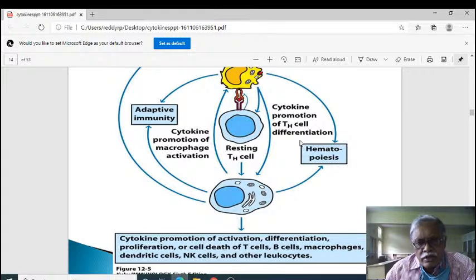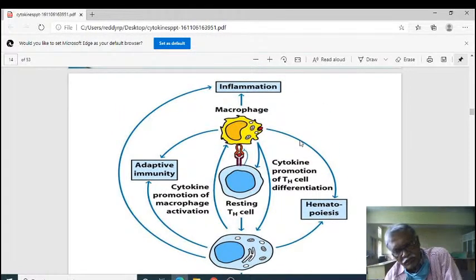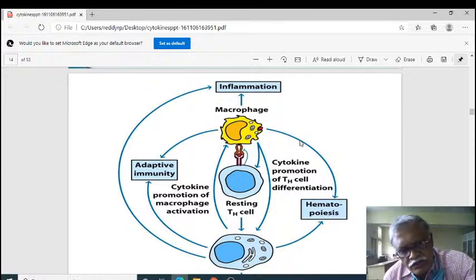And usually it starts whenever there is inflammation, the stem cell from which the adaptive immunity gets stimulated and which stimulates the macrophages. The macrophages are formed from T helper cells. So the T helper cells will be transformed into macrophages.